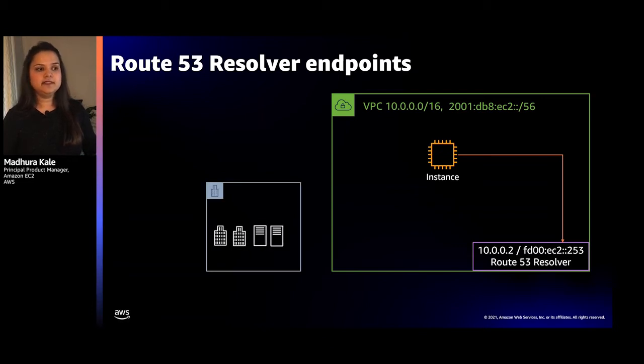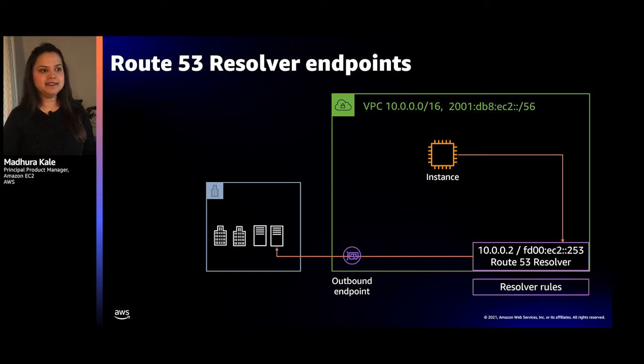Here's your on-premises, likely connected via Direct Connect or some private connectivity. For forwarding queries from Route 53 to your on-prem resolver, you create something called an outbound resolver endpoint. You can set forwarding rules via this outbound endpoint to reach the DNS resolver on premises and get the right IP addresses as a response.